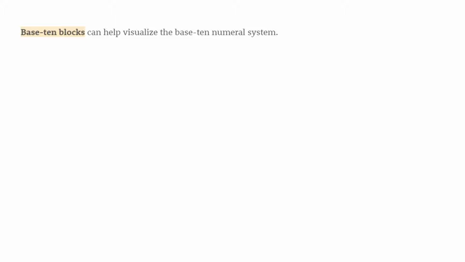Base 10 blocks can kind of help us visualize the base 10 numeral system. So we start out with a block we call a unit. And since we regroup at 10, we take 10 of those and we form a new measurement. And then we take 10 of those together and we form a new measurement.